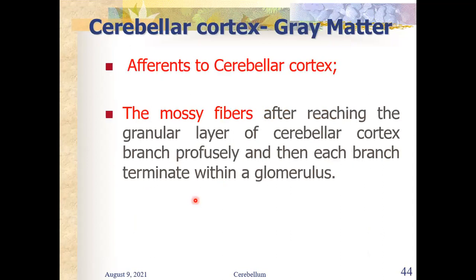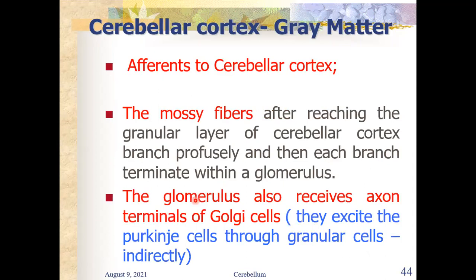So let's move ahead. After reaching the granular layer of the cerebellar cortex, the mossy fibers branch profusely, and then each branch terminates with a glomerulus. That glomerulus receives axons of Golgi cells, as we have just seen in the illustration. So they excite the Purkinje cells through the granular cells.